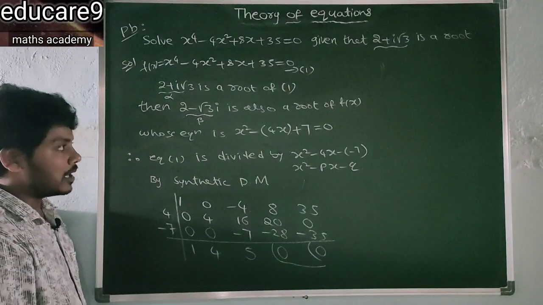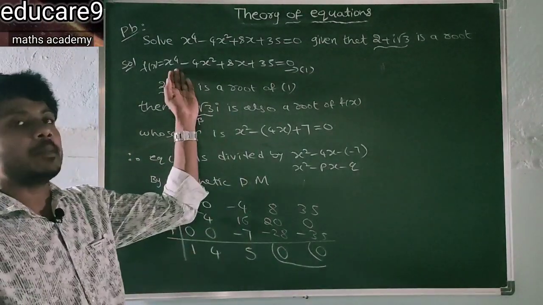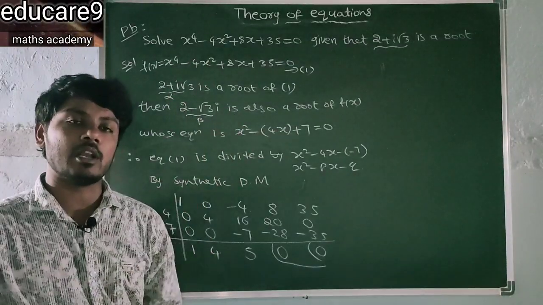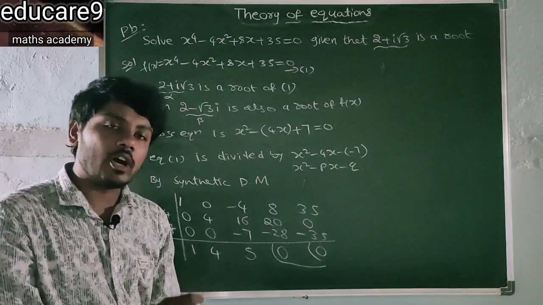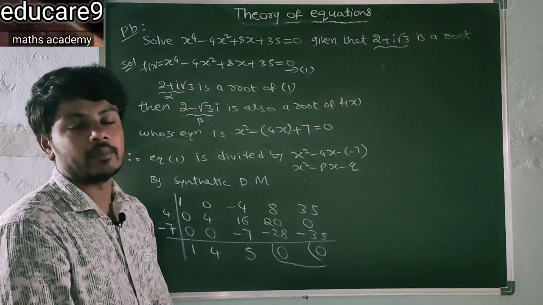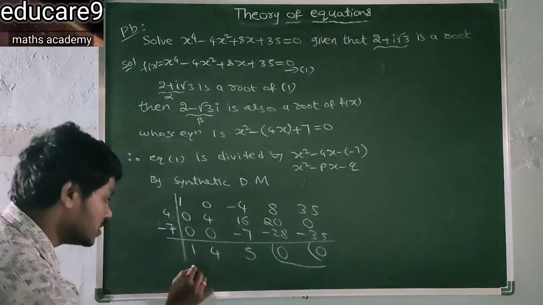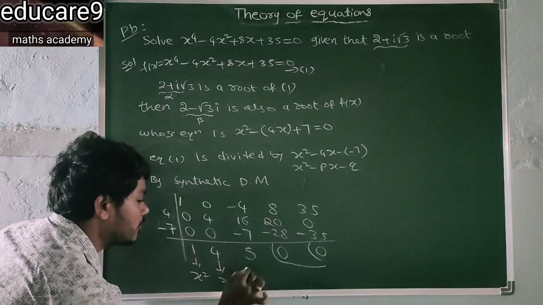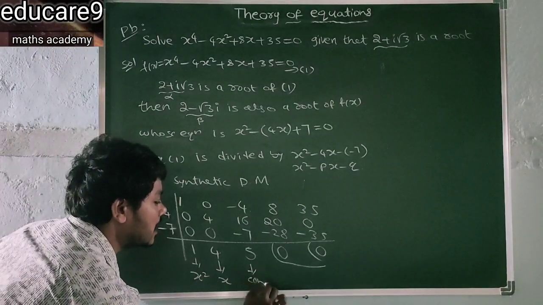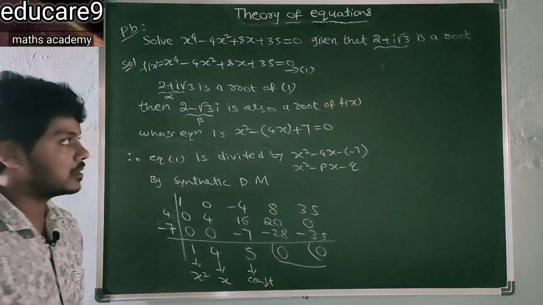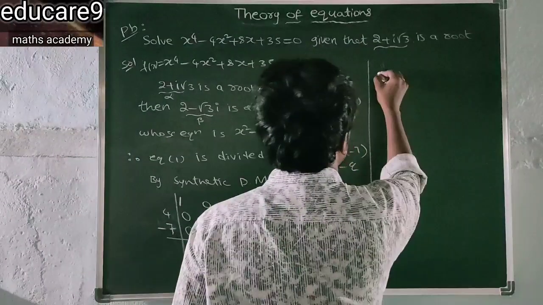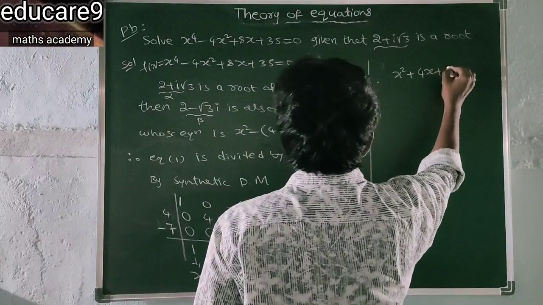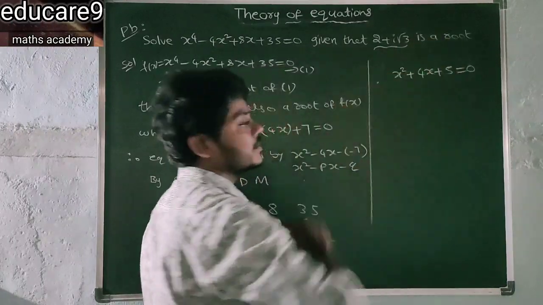Remainder. Now this is the fourth degree polynomial. This polynomial divided by the second degree polynomial, then you will get the second degree polynomial equation. So clearly this is the x square coefficient, this is the x coefficient, this is the constant. Therefore, x square plus 4x plus 5 equals 0.